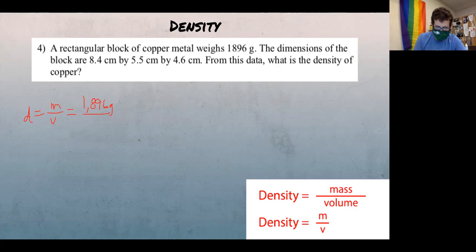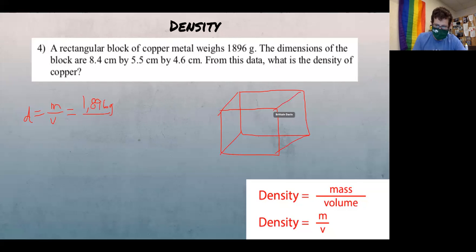So let's go ahead and figure that out. This is a block. Another way of thinking about a block is that it's just a rectangular prism. Let me draw that a little bit nicer. There we go.